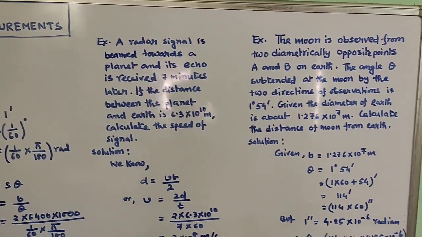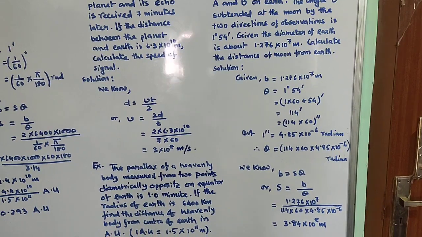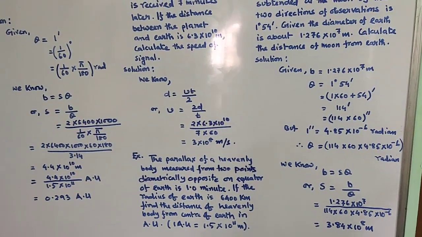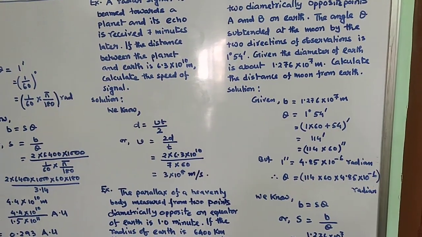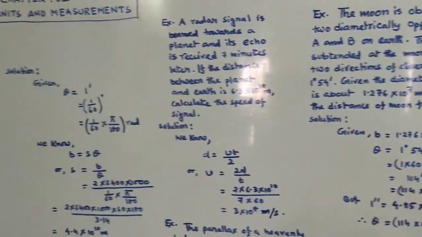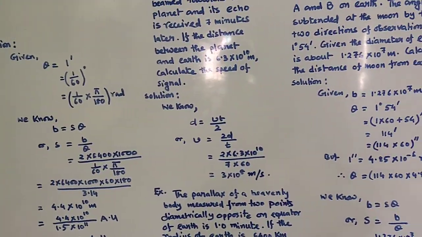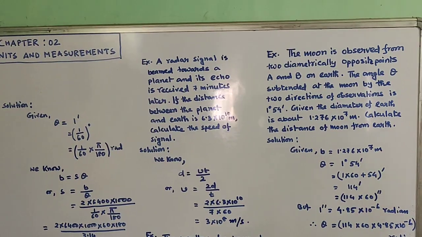So this type of numerical you will get in your exam. Please check out the numericals, and the formula is very simple. Only the conversion part matters: minute to degree, second to minute, minute to second, or minute to radian. This conversion you must know, along with the simple formula, arc equal to angle into radius.